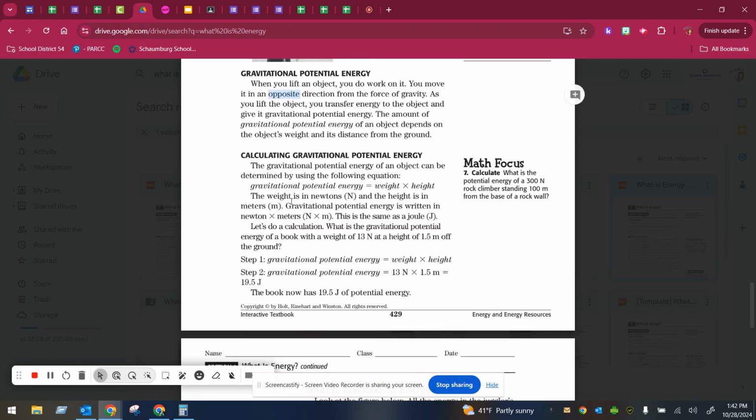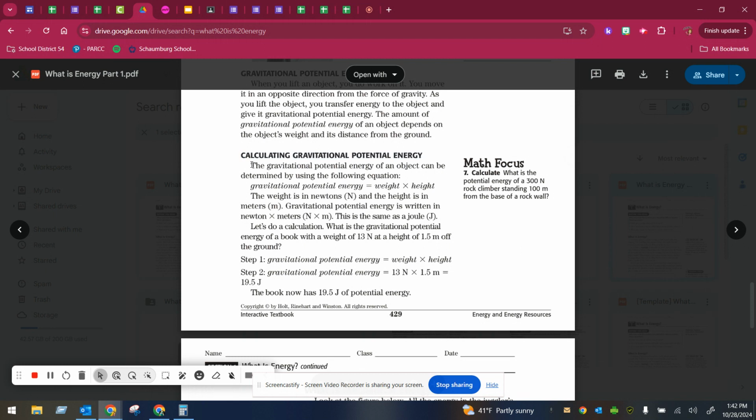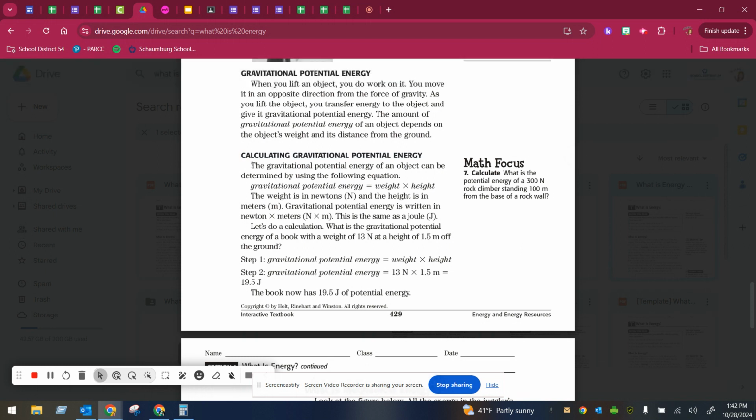So to calculate gravitational potential energy, it says the gravitational potential energy of an object can be determined by using the following equation. It says gravitational potential energy is equal to weight times height. So the weight is in newtons.